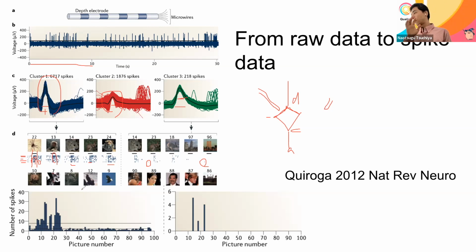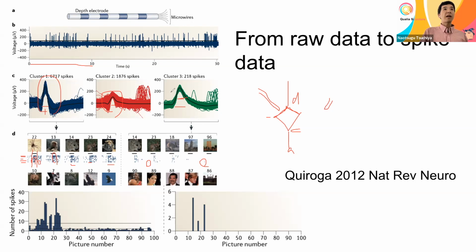And this particular paper reported this type of neuron that responded only to animals, but not others. So any kind of animals, from elephants, dogs, or dolphins or birds and things like that, and even Shrek also generated a response like this.